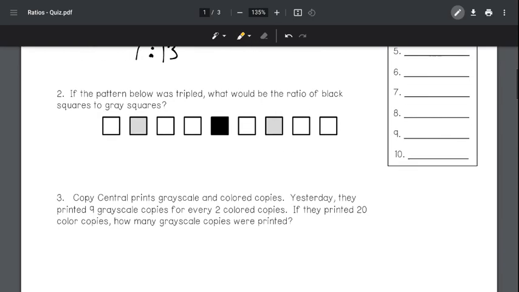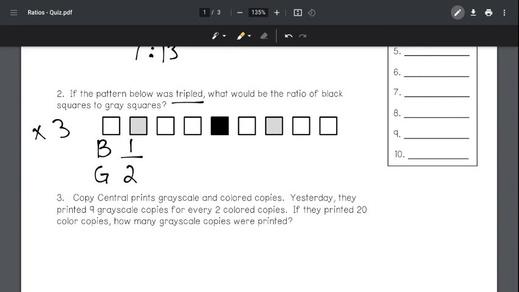Number 2, if the pattern below was tripled, what would the ratio of black squares to gray squares be? So black to gray. I have 1 black square and I have 2 gray squares. And if I'm tripling something, that means times 3.